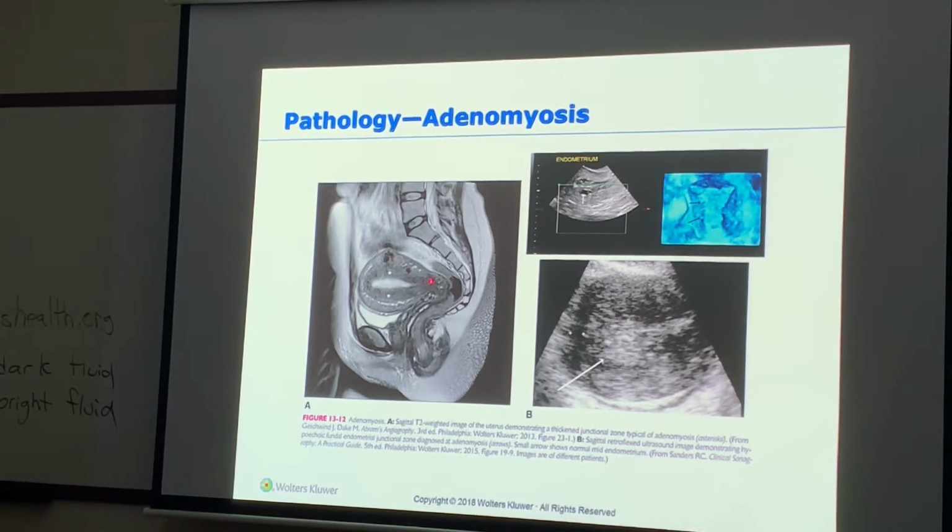Okay? What are these right here? Huh? No? Arcuate arteries.